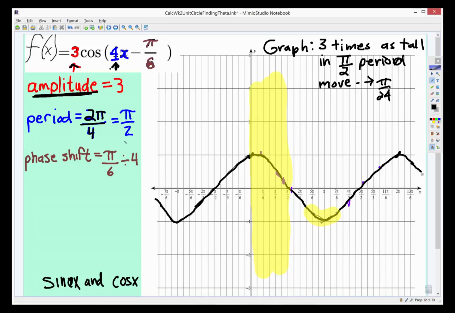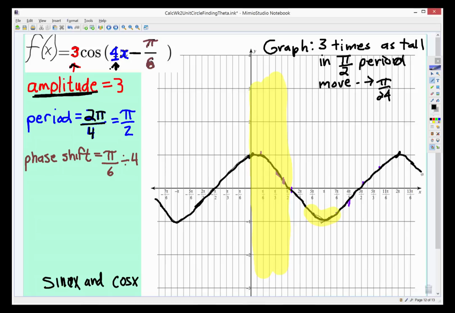However, there's also a phase shift. When there is something added or subtracted inside parentheses, in this case it's subtracted pi 6, normally you just do the opposite of pi 6, so the opposite of negative pi 6 is positive pi 6, and you would shift it to the right, pi 6.